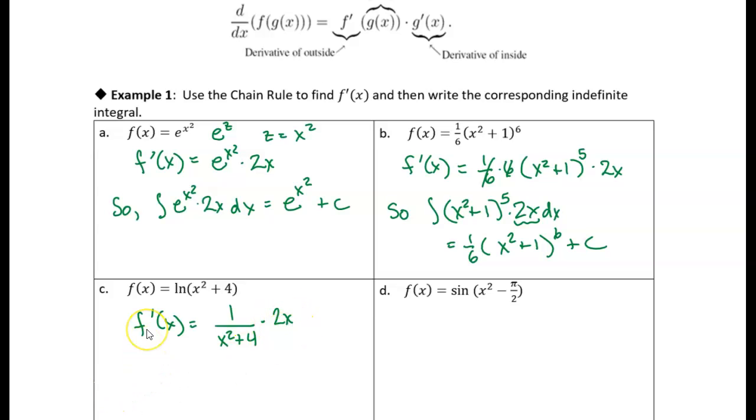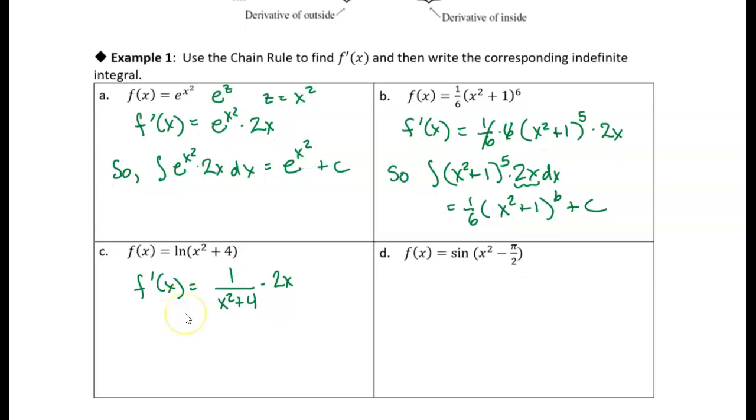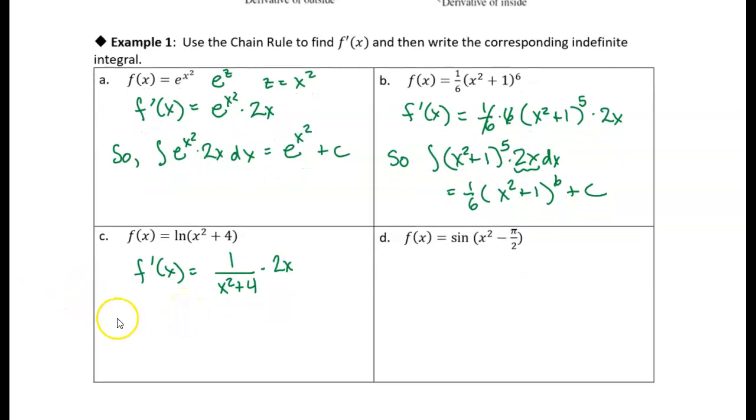So what's the corresponding indefinite integral? If this is true, then we know that the integral of this derivative, the antiderivative of the derivative, should give us the original function. So we have the integral of 1 over x squared plus 4 times 2x dx is equal to the natural log of x squared plus 4 plus c. That's the corresponding indefinite integral.